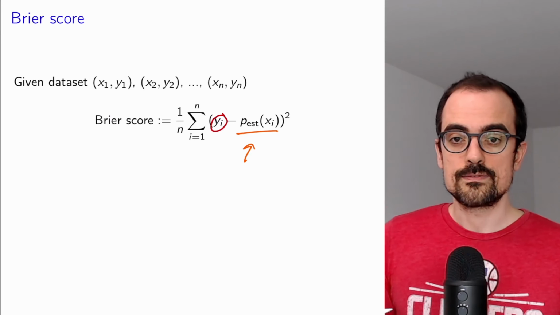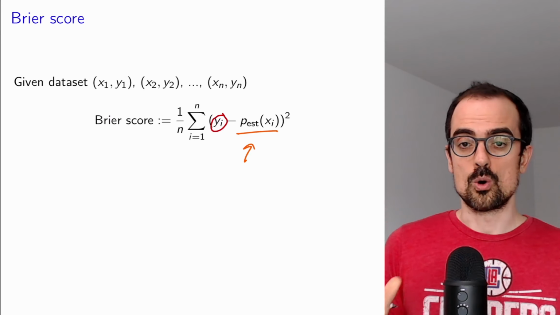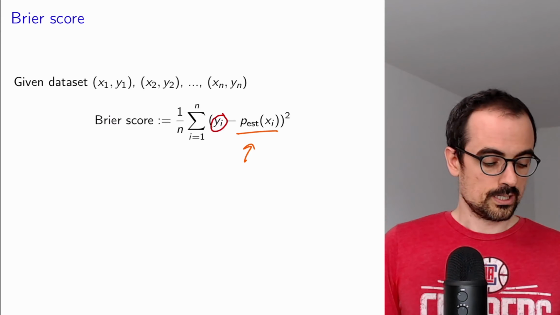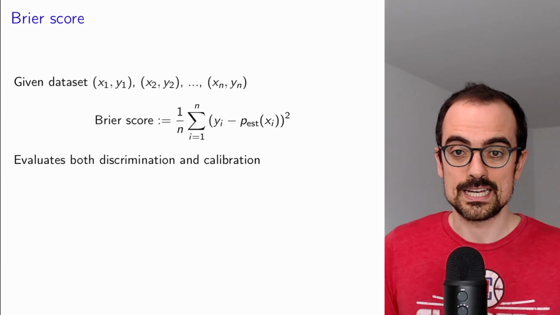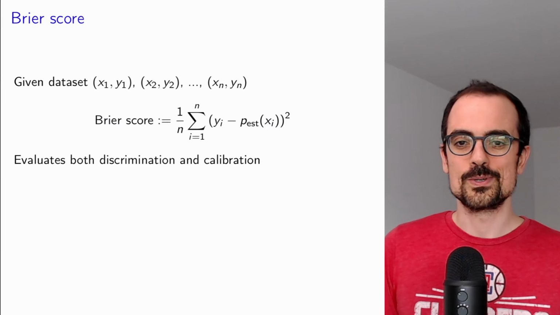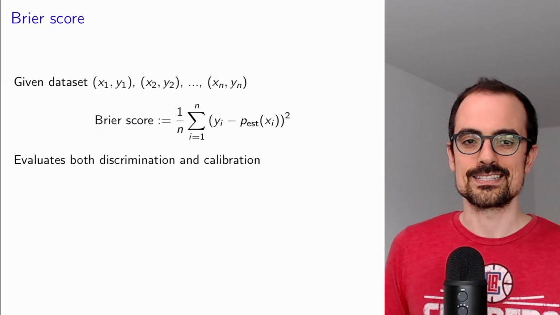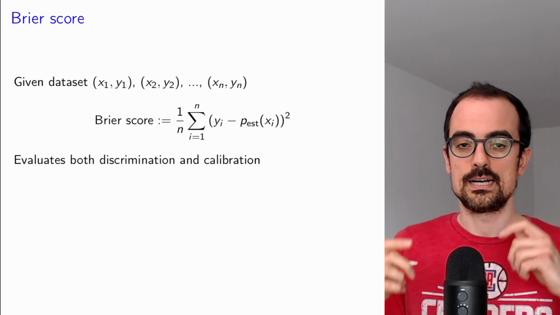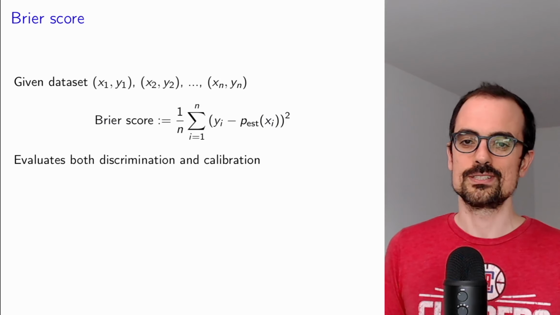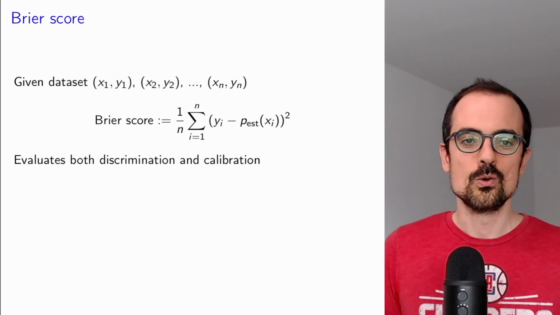It's the squared difference averaged over the whole data set. It turns out that this evaluates both discrimination and calibration at the same time. This is not immediately obvious. There's another exercise in the book in chapter 12 that shows this, and you have the whole derivation in the solutions. If I included it in the video, this video would just be way too long.